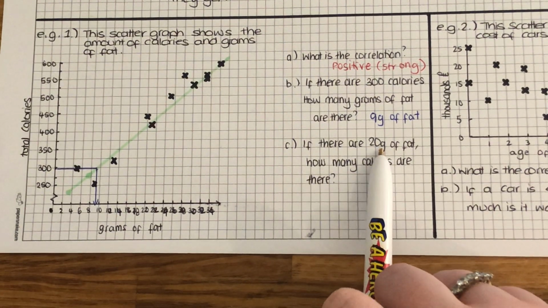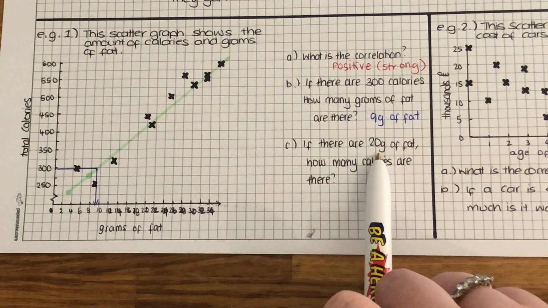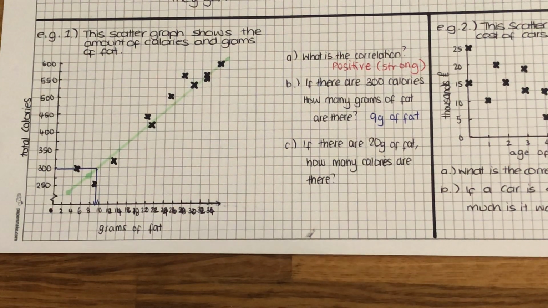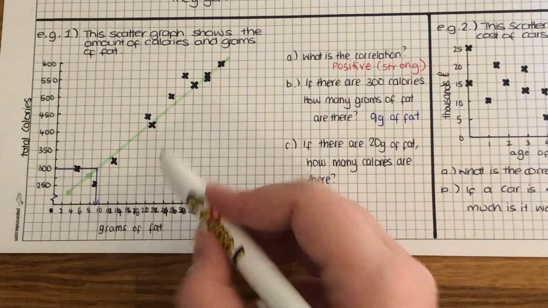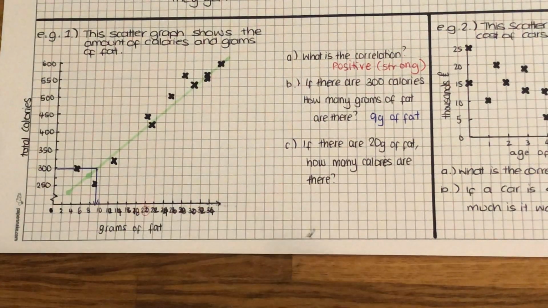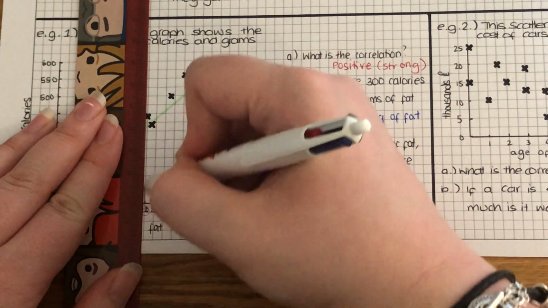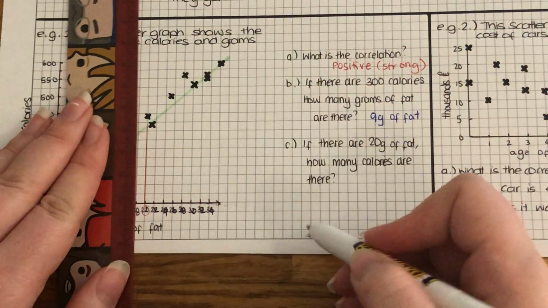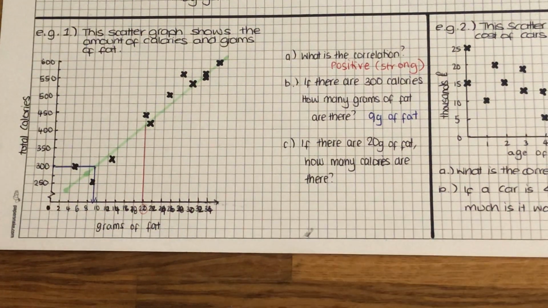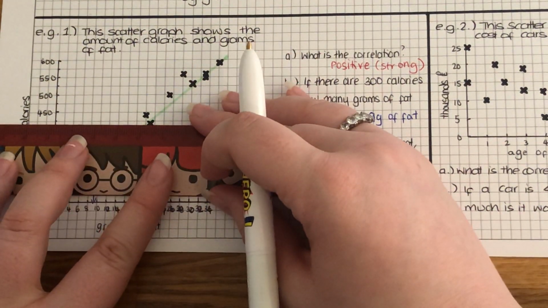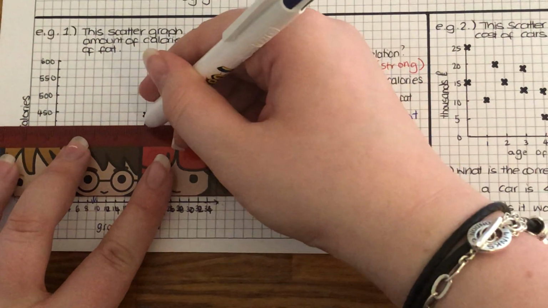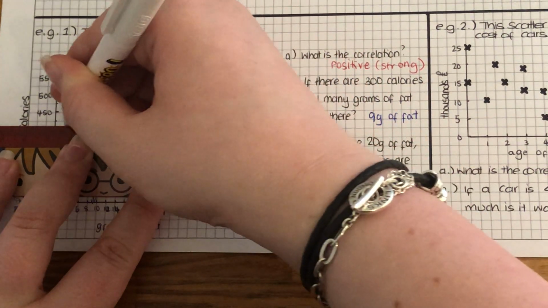We know that some type of food has 20 grams of fat. We need to see how many calories that is. So we look at where the fat is on the bottom. 20 grams of fat is here. Again, I'm going to draw a line from the bottom until it hits my line of best fit. Once it's done that, I can then draw a line going across and see how many calories that is.